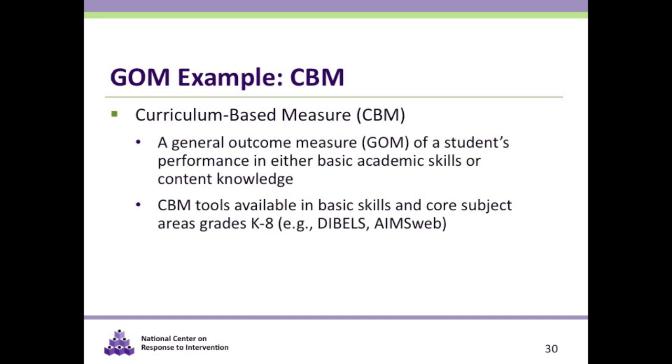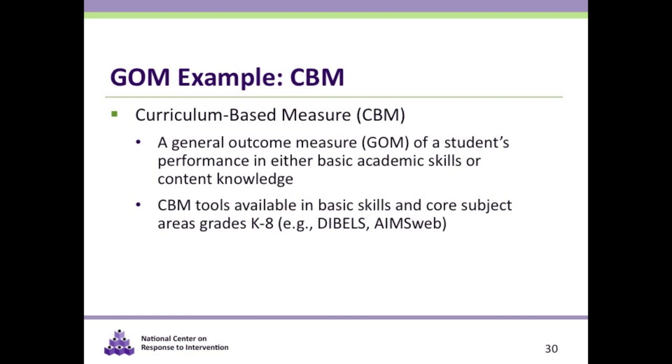CBM is a general outcome measure of a student's performance in either basic academic skills or content knowledge. CBM was initially developed more than 30 years ago by Stan Deno and others at the University of Minnesota's Institute for Research on Learning Disabilities, and is a reliable and valid measurement system for evaluating growth in basic skills.